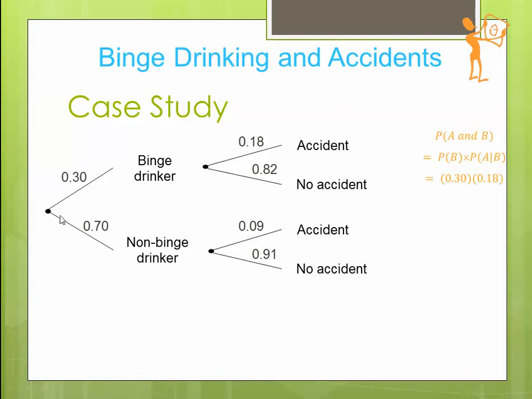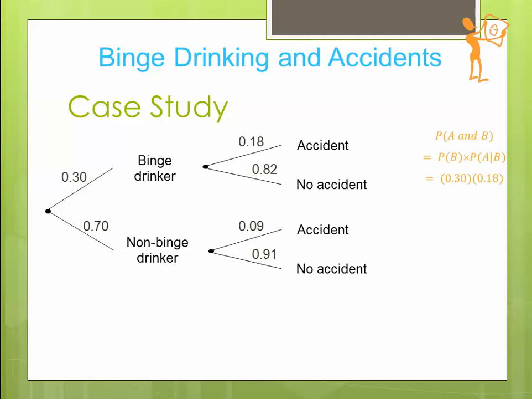So let me show you. The branches are there, and then there, and then there, and then there. So one branch is binge drinkers in an accident. Binge drinkers in no accident is the second branch. The third branch is non-binge drinkers in an accident. And the fourth branch is non-binge drinkers with no accident.